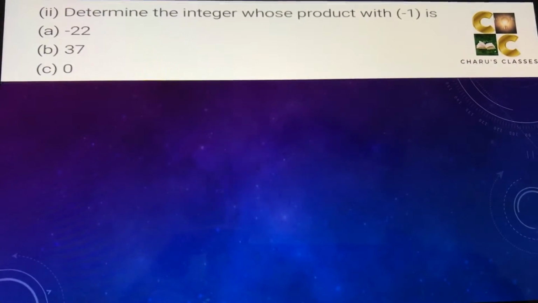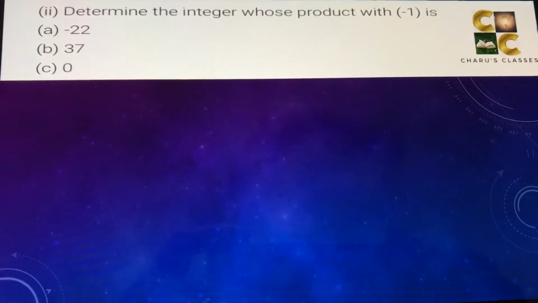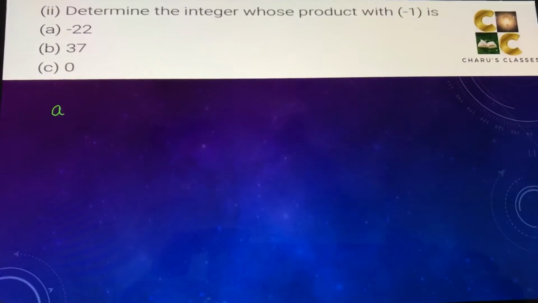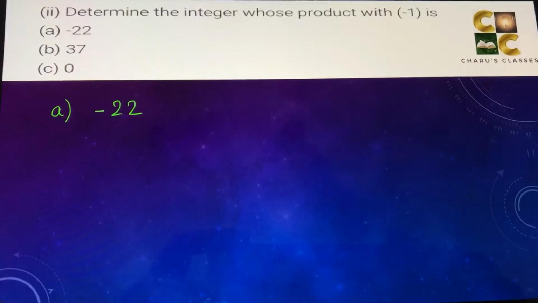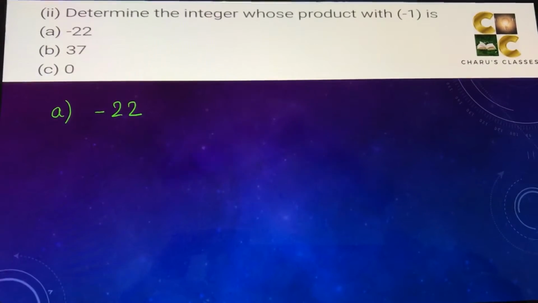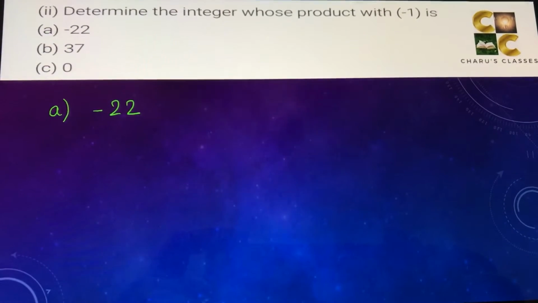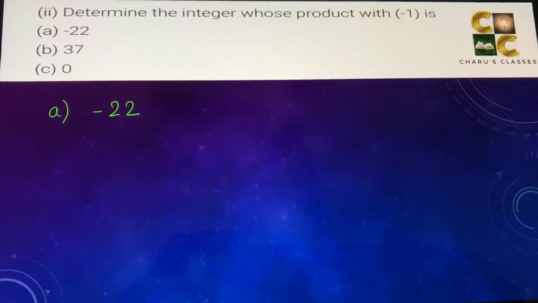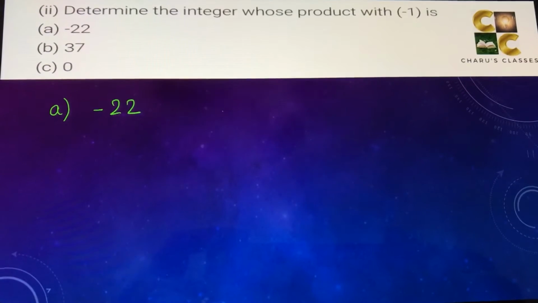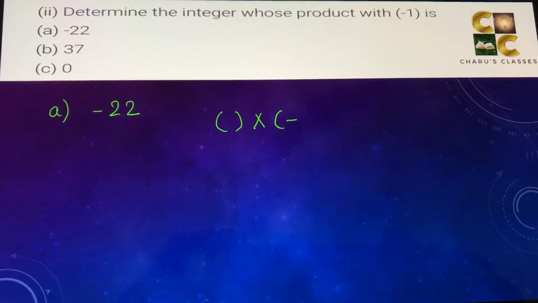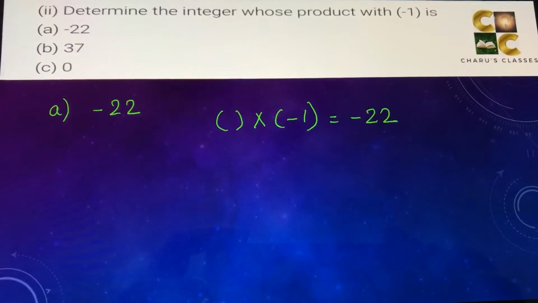Second part: determine the integer whose product with minus 1 is minus 22. हमें एक ऐसा इंटीजर फाइंड आउट करना है जिसका प्रोडक्ट यानी मल्टीप्लिकेशन विद माइनस 1 शुड गिव अस माइनस 22. So something multiplied with minus 1 is giving us minus 22.